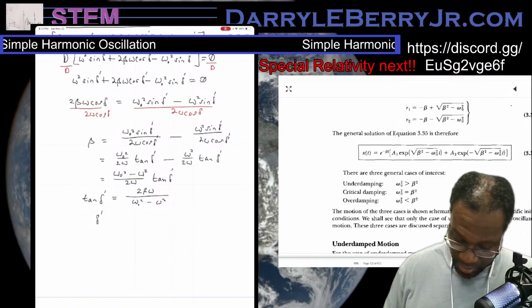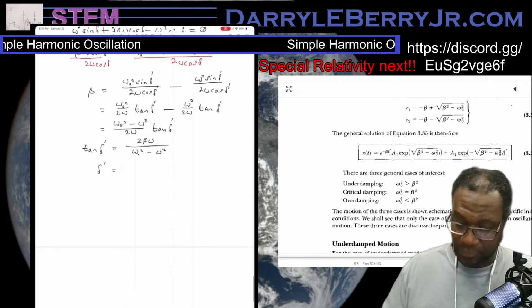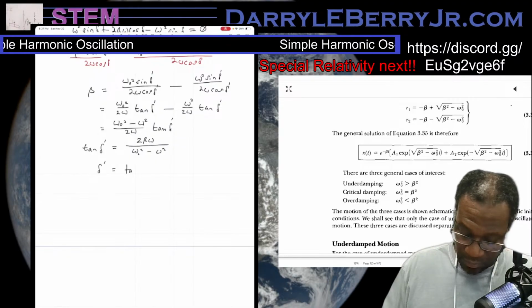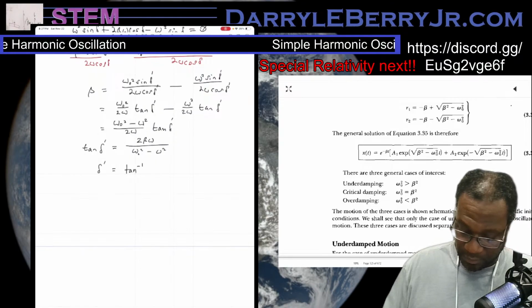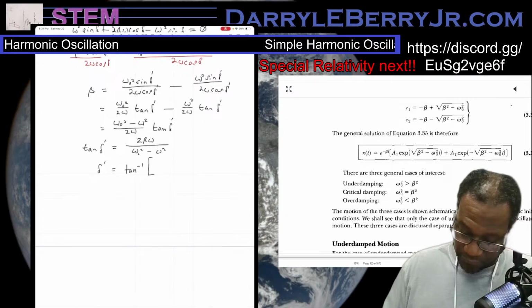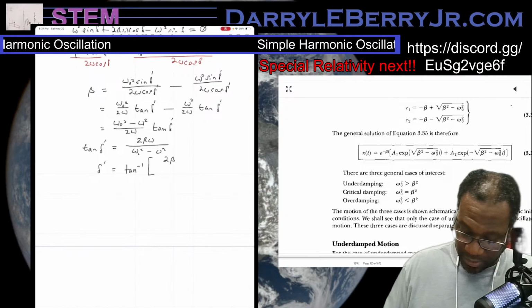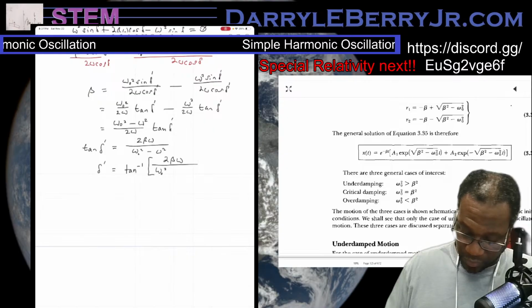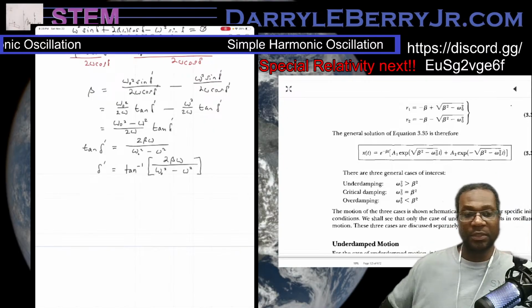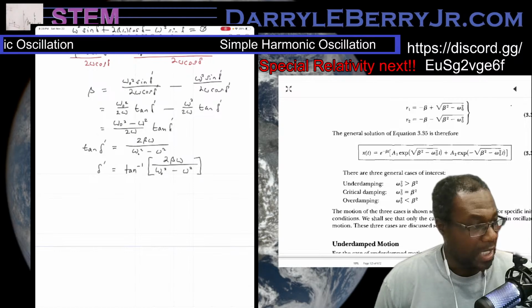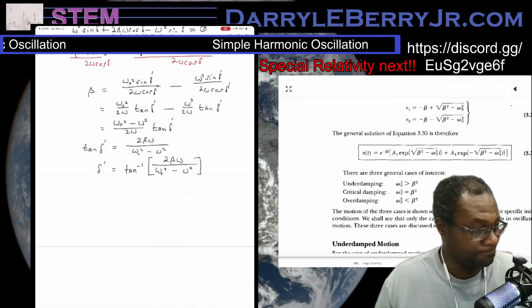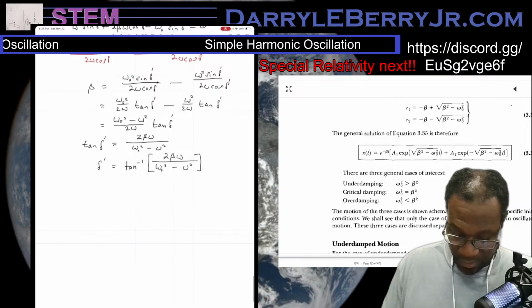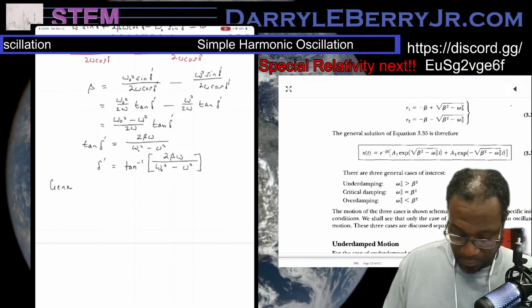That means that delta prime, the phase of the driving component, is inverse tan of 2 beta omega over omega naught squared minus omega squared. So now we can put together our final solution. As I said, the general solution.